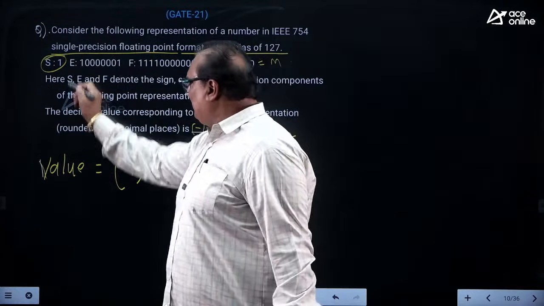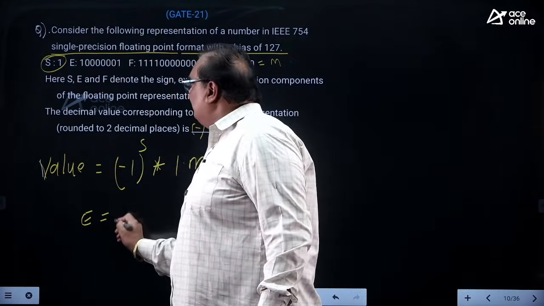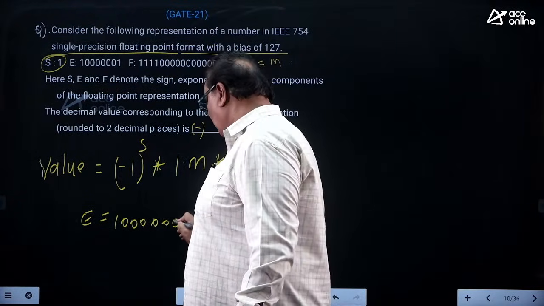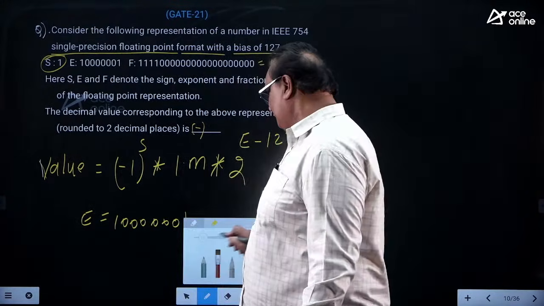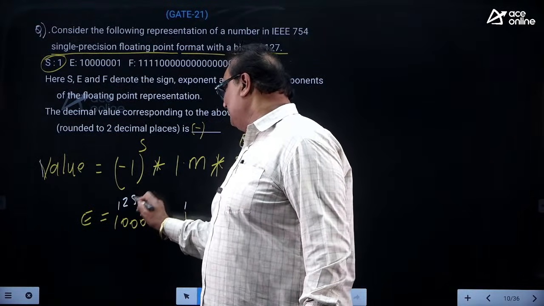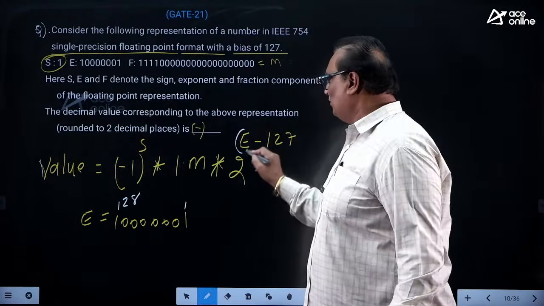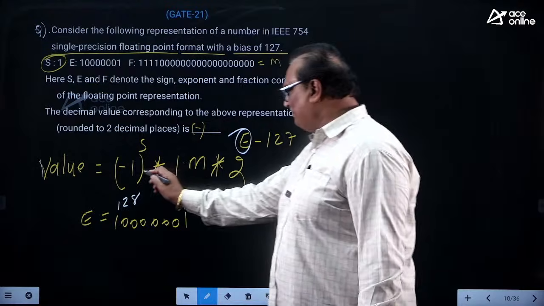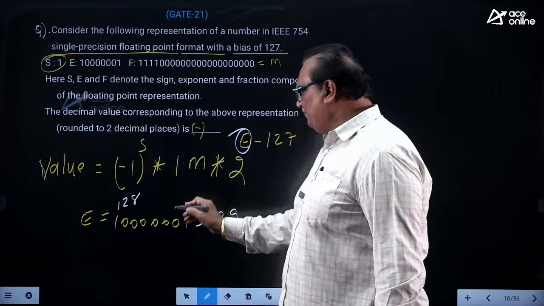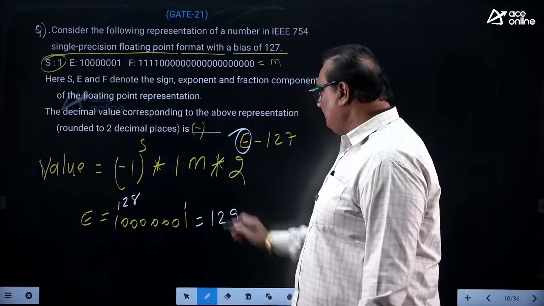Here, capital E value in binary is 1 0 0 0 0 0 0 1. So in decimal, 1 2 4 8 16 32 64 128, it means 129. It is nothing but 129. Next, it is already negative. Minus 1 whole power 1 means negative.